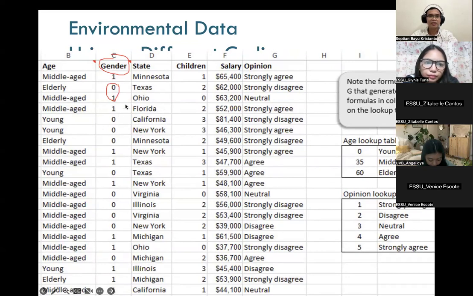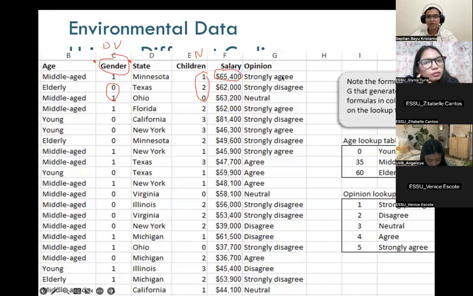Or we can say 1 is female and 0 is the others. That is the dummy variable. And in these ones, we also have the categorical. 0, 1, 2. This is a number or numerical variable. This is also a numerical variable because it contains numbers.